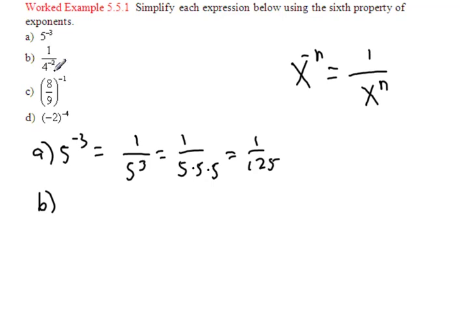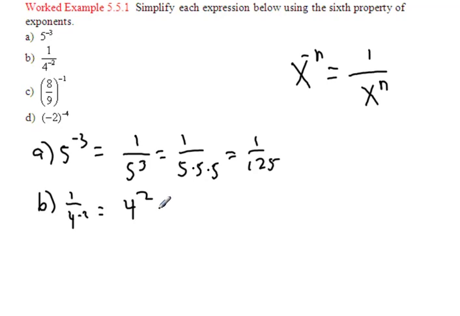Now, here the 4 has a power of negative 2. We're going to have to move that 4. The only place for it to go is back up. So 1 over 4 to the negative 2 would just take the 4 and put it back upstairs, and that would make it 4 to the positive 2.